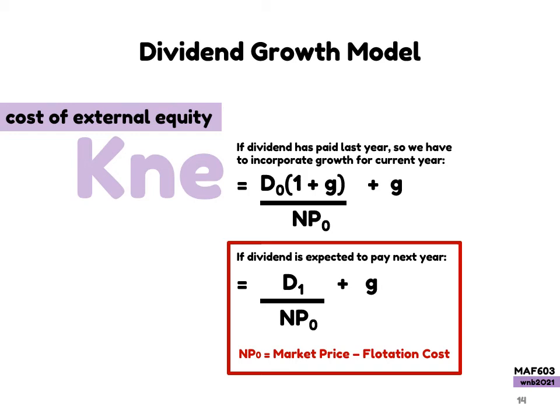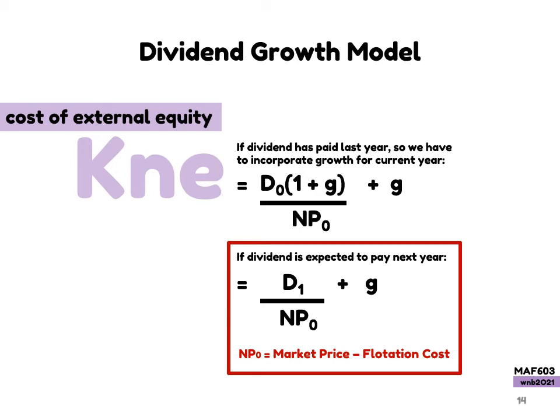NP here is net price. Net price means that you have to take the market price minus flotation cost. Remember, when the firm wants to issue new shares, they need to incur flotation cost. So this one we need to adjust for flotation cost to get the net price.